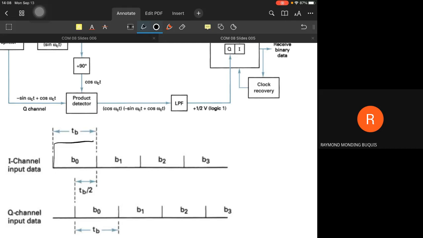So this contains two bits, this symbol here. So the Q is supposed to be here if they are synchronized. But we delay it by 1/2 the data rate, so its position moves here.